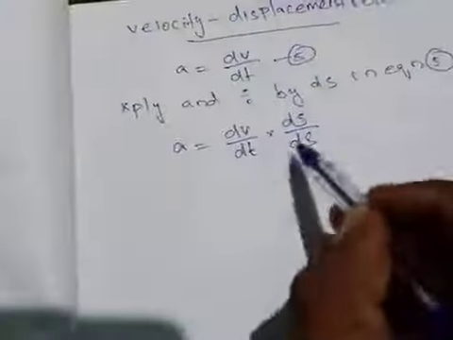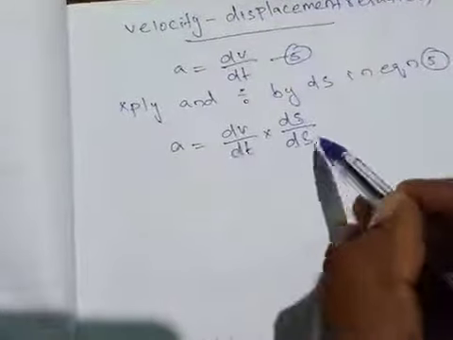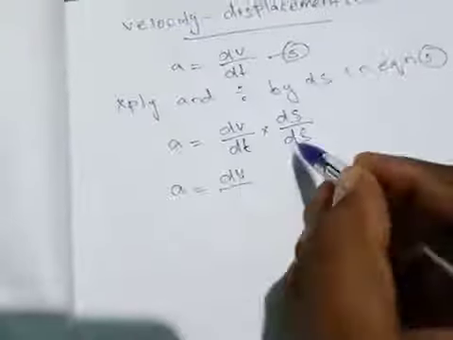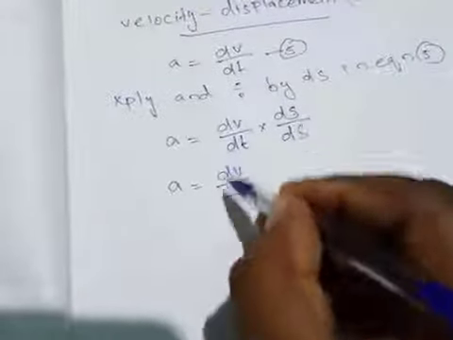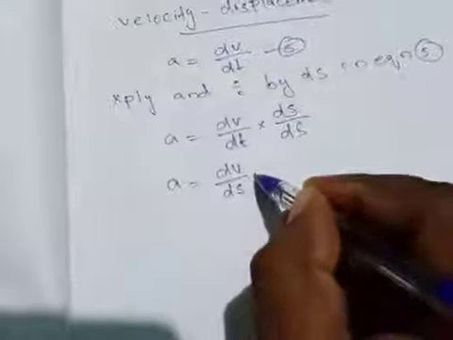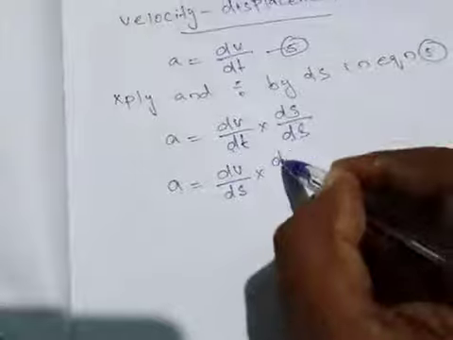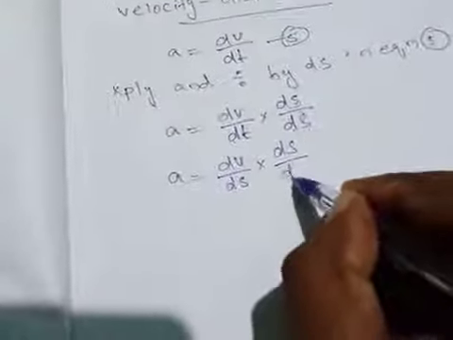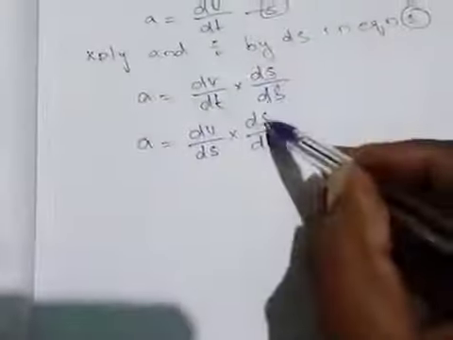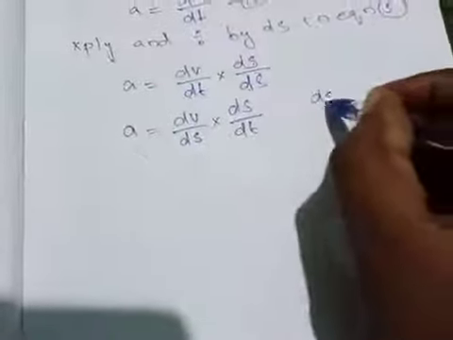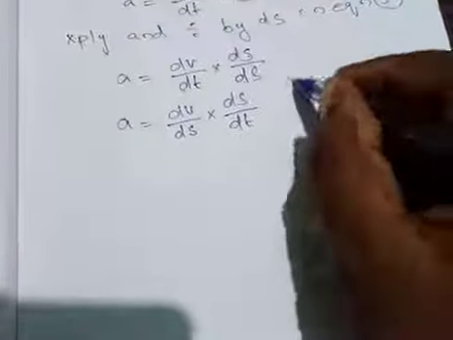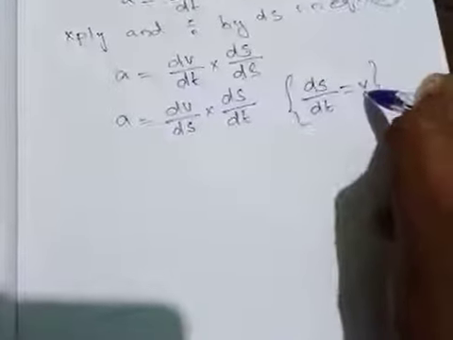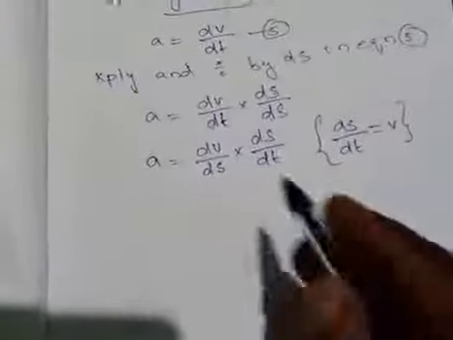Now I am taking this ds here and dt here. So a is equal to dv by ds, into ds by dt. Now we know that ds by dt means displacement by time, which is equal to velocity.